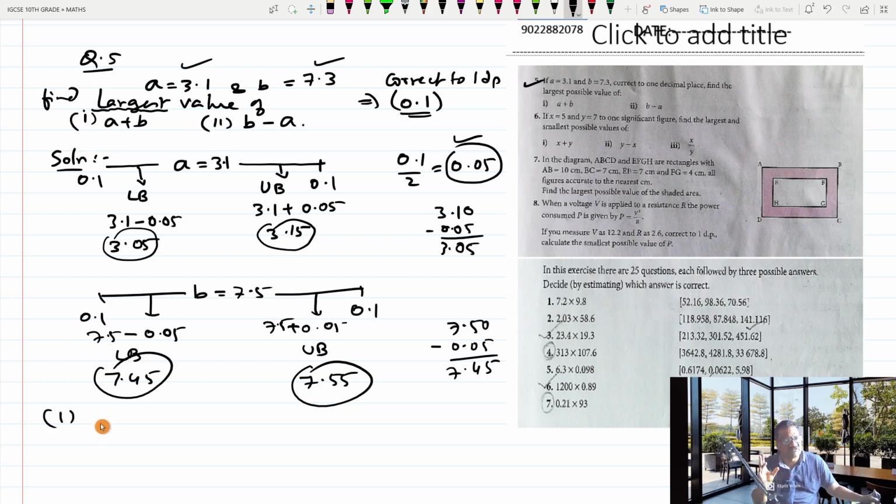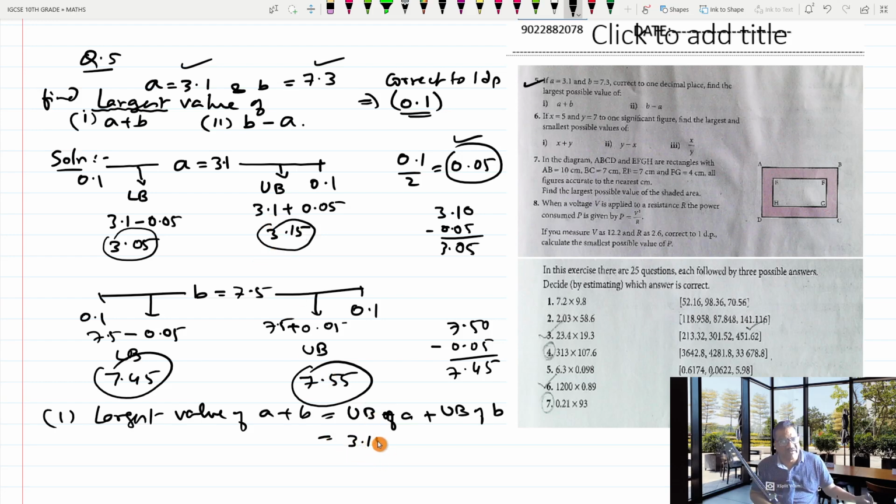So the solution for 1 will be: the largest value of a plus b will be the upper bound of a plus the upper bound of b, because it is the largest value. So you'll have to take the upper bound. The upper bound of a is 3.15 and for b the upper bound is 7.55.